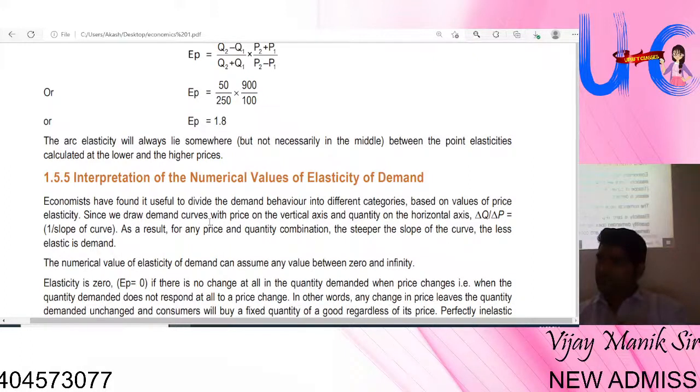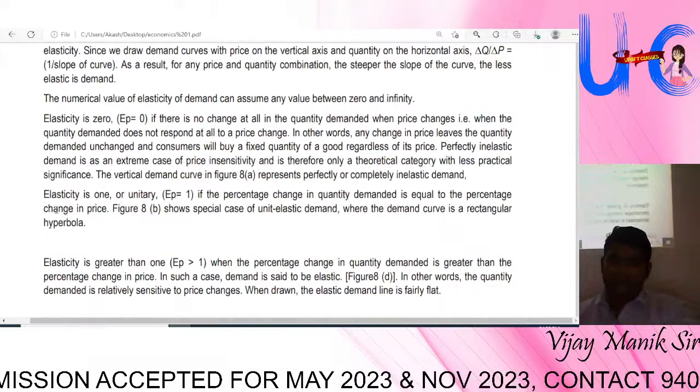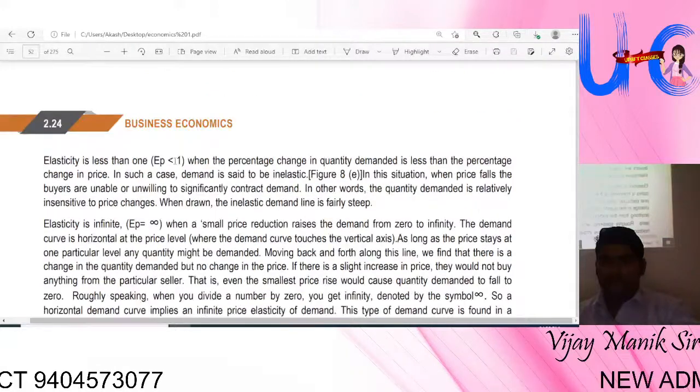Okay, for example, less than 1, more than 0, like that. We will discuss this. Elasticity is 1 or unitary, that is 1. Elasticity is greater than 1. Elasticity less than 1. Elasticity is infinite. Okay, now we will discuss it further.